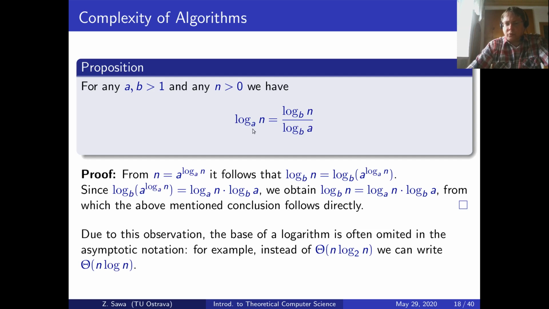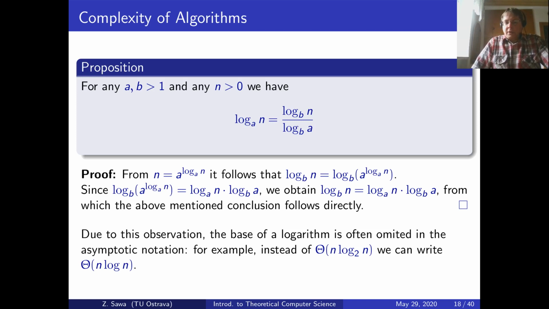Yeah, so assuming a and b are some constants, 1 divided by the logarithm of a with base b would be a constant. So we can see that the logarithm of n with base a and the logarithm of n with base b are linearly connected. They differ only by multiplying by some constant.